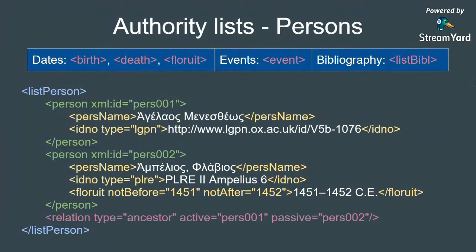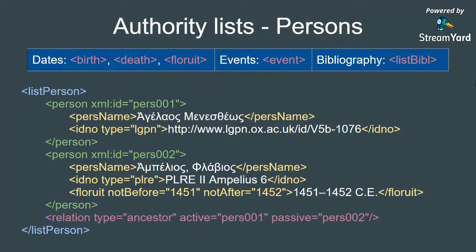Again, for persons, we can add as much information as we want, pretty much. We can have, for example, dates of birth, of death, or the floruit of the person. We can also have events that characterize this person's life, if we have them at hand, and also references.